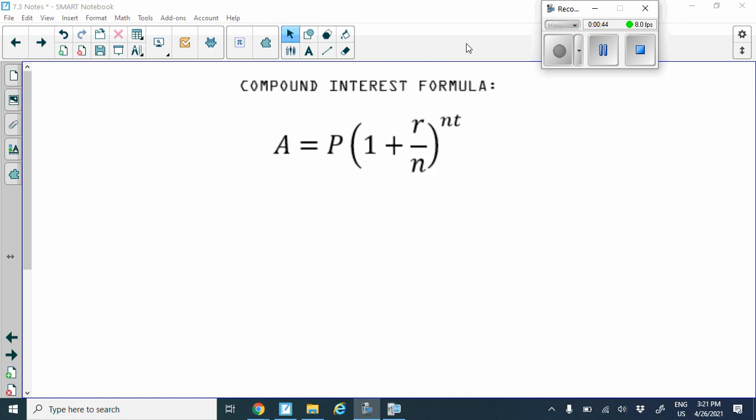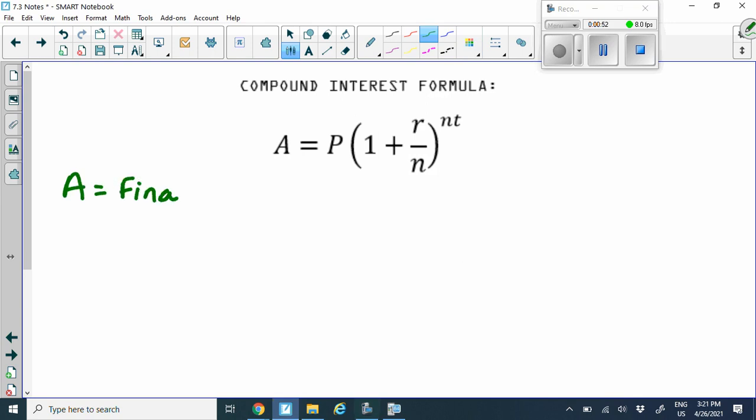Okay, so here's our formula, and I want to talk about what each of these variables represents. A is representing our final amount. P is going to be what we call the principal, or the initial amount.